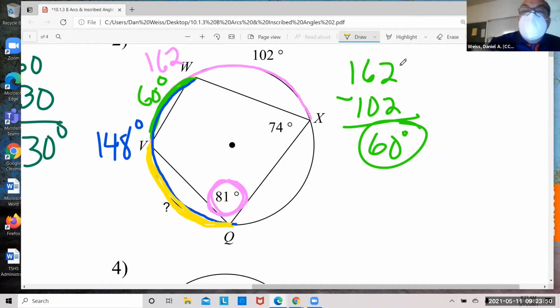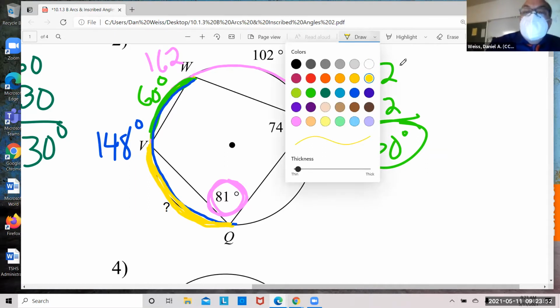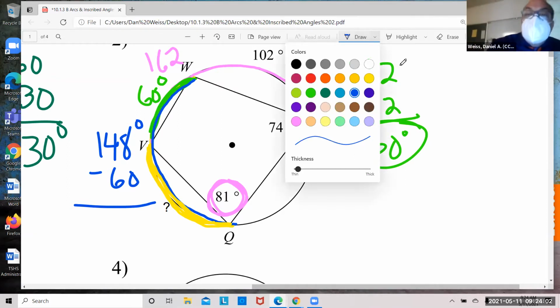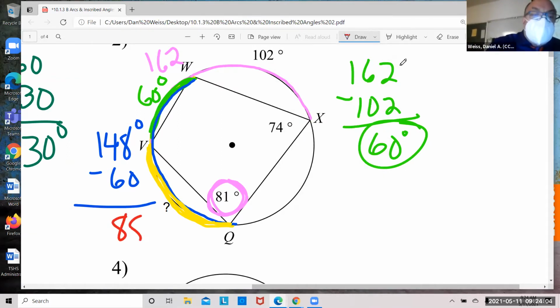I have to do 148 minus the 60. Okay. 148 minus the 60 gives me 88. Easy.